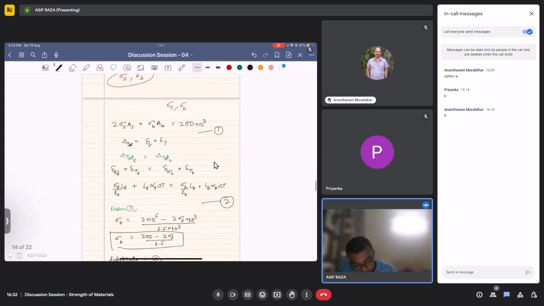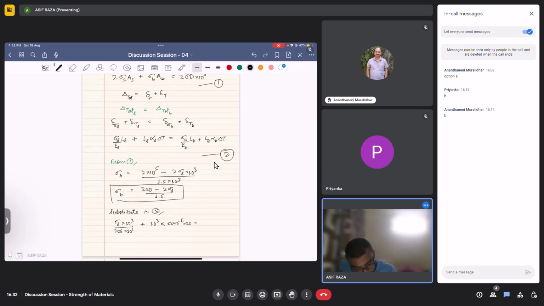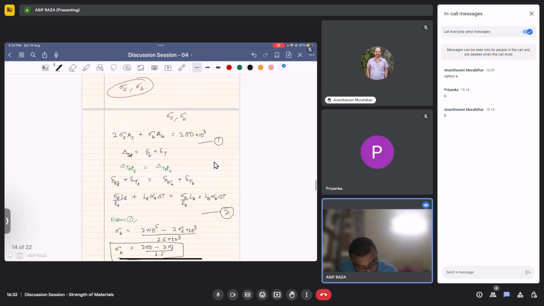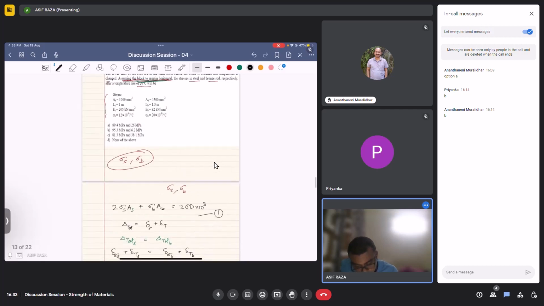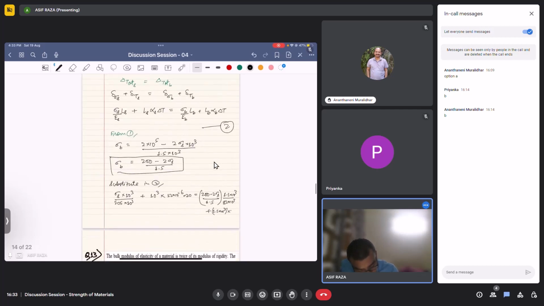Delta T is 20 degrees Celsius, equal to sigma b. Sigma b is this expression, 200 minus 2 sigma s upon 1.5. Lb is 1.5 into 10 to the power 3 upon Eb 82 into 10 to the power 3 plus Lb 1.5 into 10 to the power 3 times alpha b, 20 into 10 to the power minus 6, times 20.